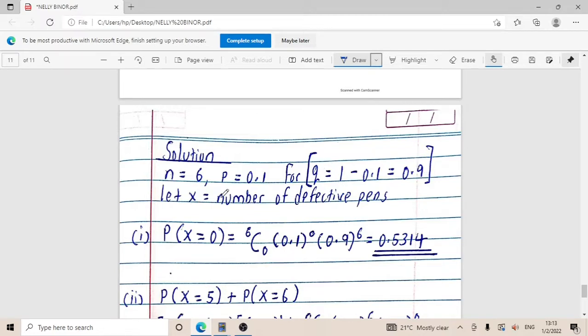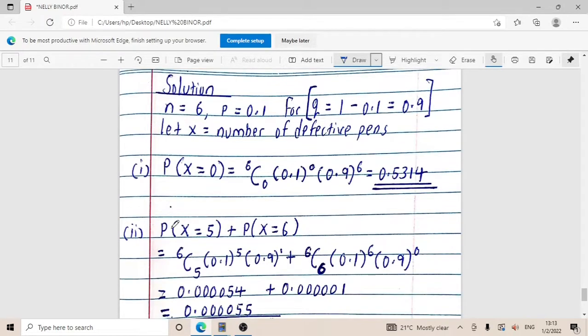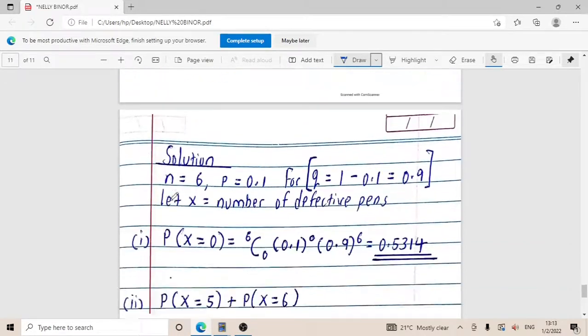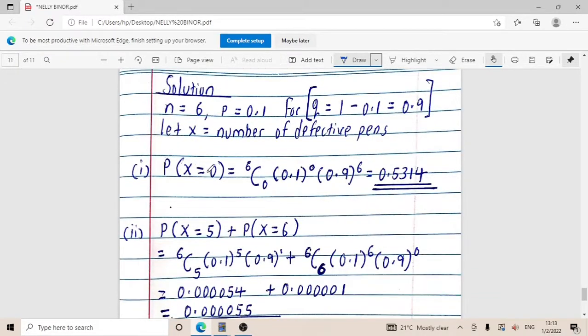Let x equal the number of defective pens. If they're asking us for no defective pens, it's going to be the probability of x equal to 0, which I'm going to apply in the formula of the binomial distribution, and press the same thing on my calculator to get 0.531.